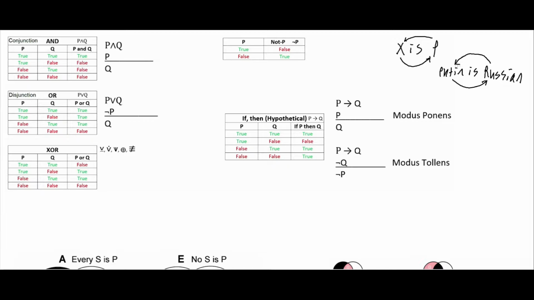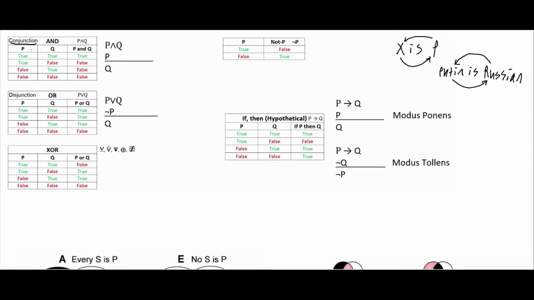But then we can combine propositions using things like conjunctions and disjunctions. Up here I have what are called truth tables. The first one is for the conjunction, which is the and statement.